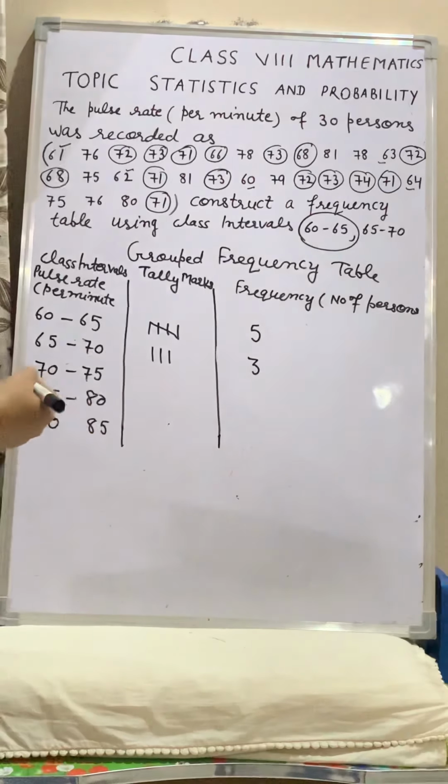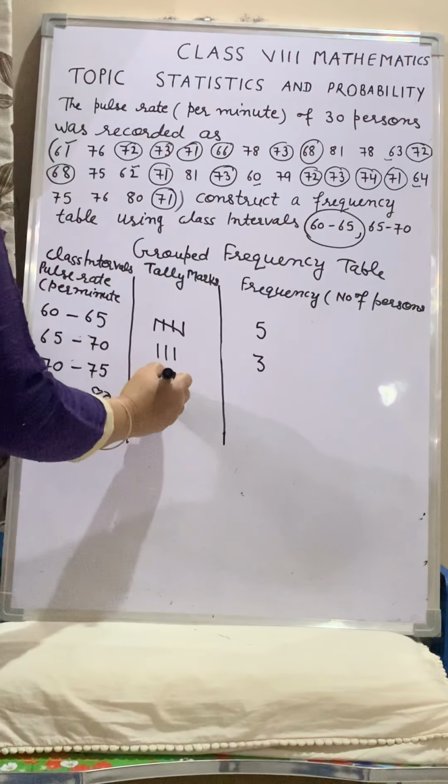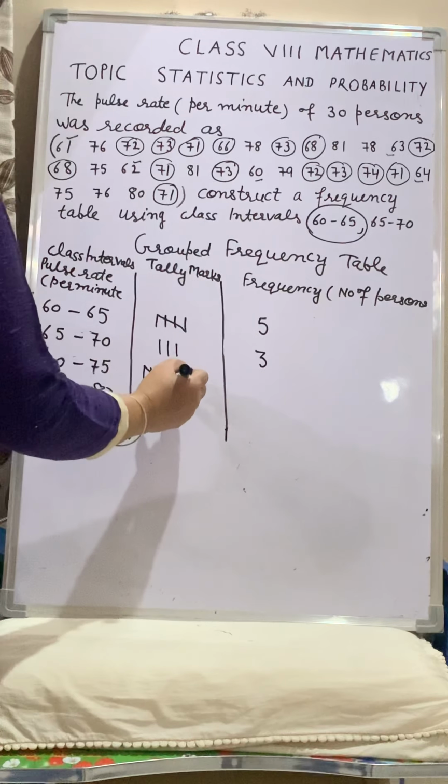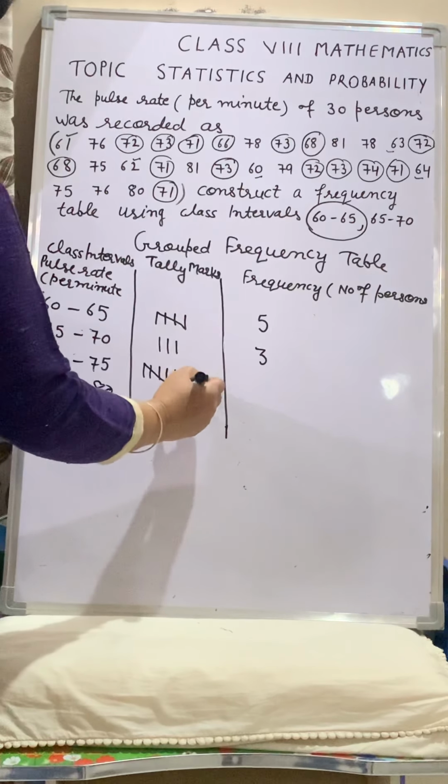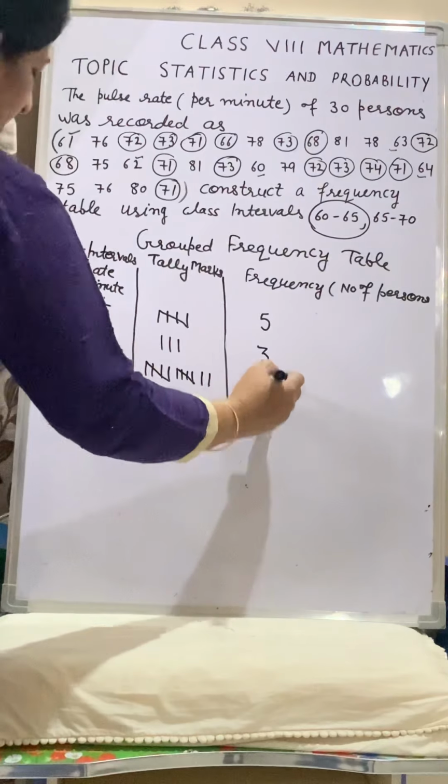So we write tally marks 12, that is 5, 10 and 2, and we write frequency 12.